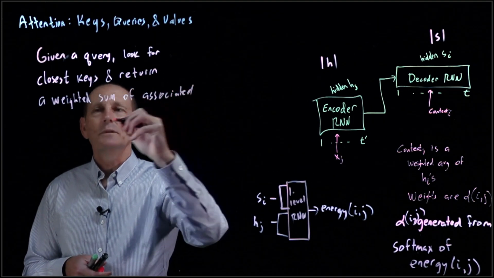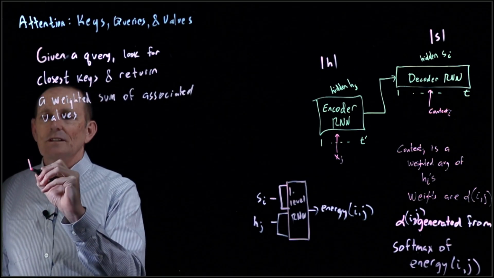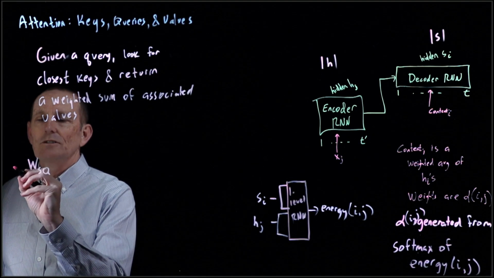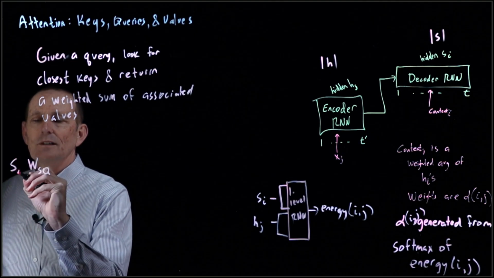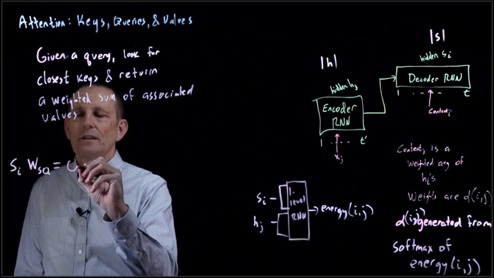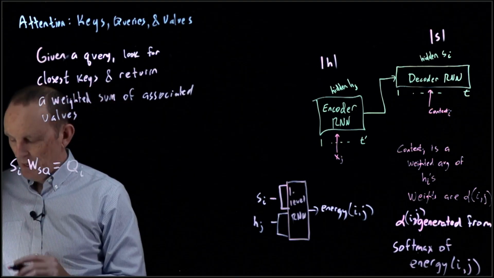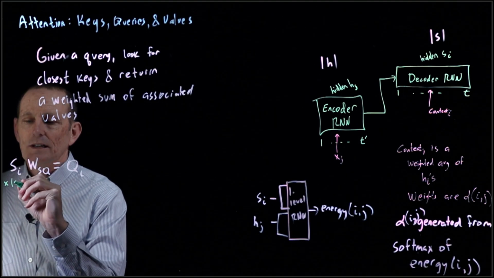We're going to have to define what we mean by all this, of course. So we're going to have a weight matrix that takes S's to queries. So when we multiply a particular S sub i by this weight matrix, we're going to come out with a Q sub i. And let's just look at these sizes. So S sub i is a 1 by size of S.